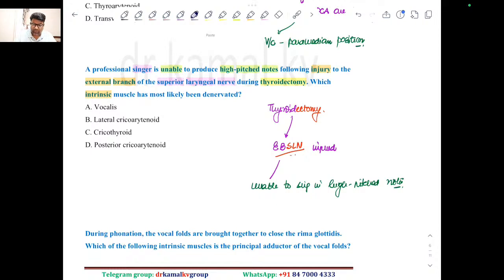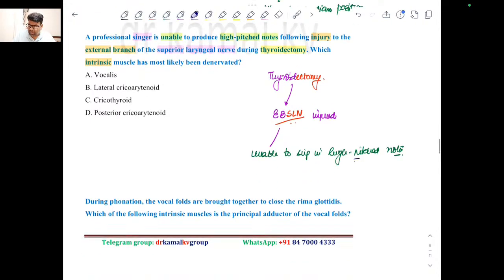If the patient is unable to produce high pitched notes, it means the vocal cords can't be tensed, and we know which muscle is the tensor of the vocal cord? It is cricothyroid.